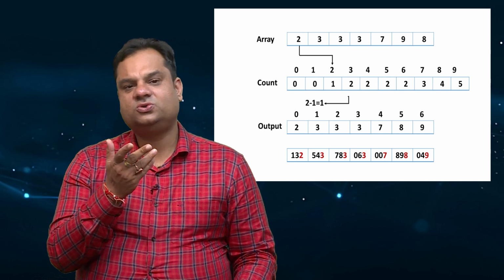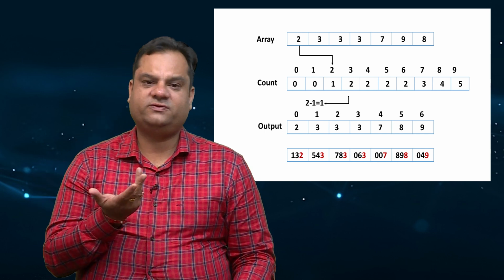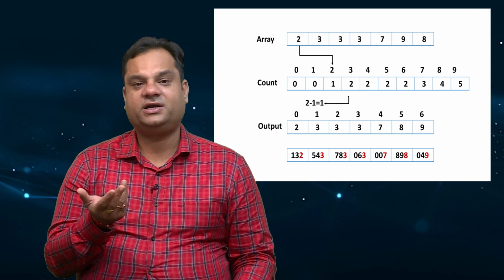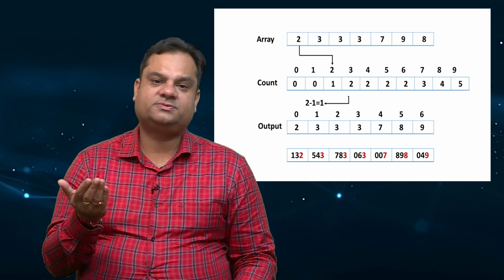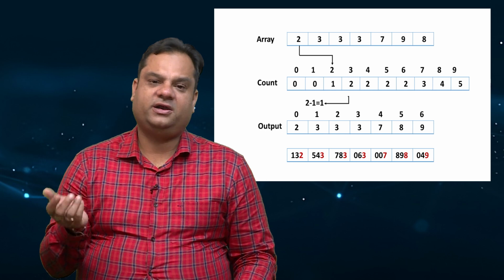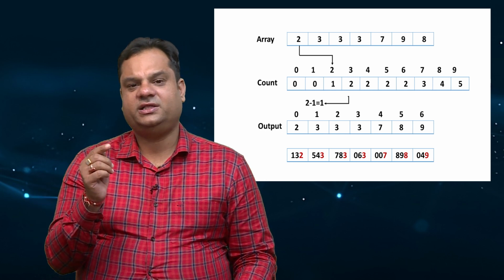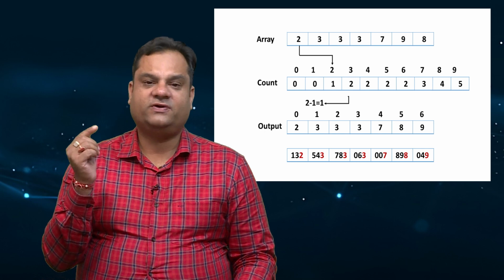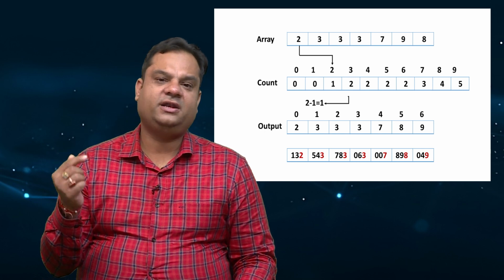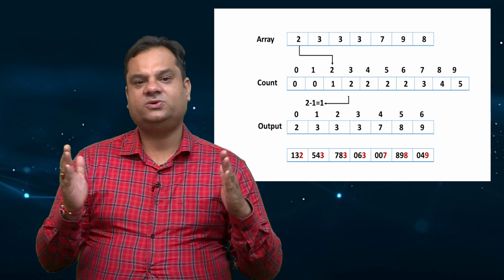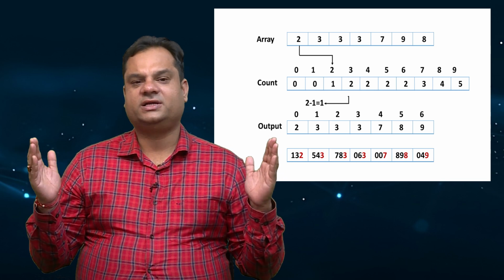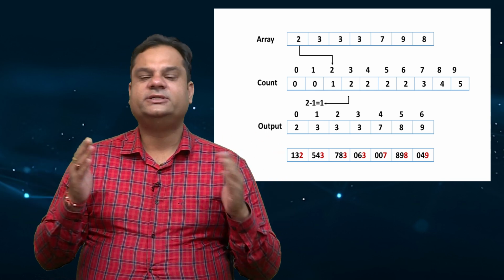So first one is 2, there is no competition with 2, but for 3 we have 3 data items, and as per first come first serve we take our data in that order. So the second one is 3, then again 3, then again 3, then the next value is 7, then 8, then 9. So the indexing will be reduced, 0 to 9 indexing will be reduced to 0 to 6.